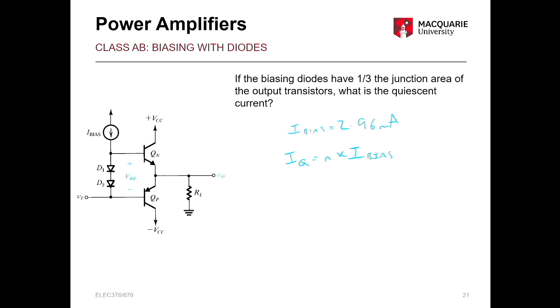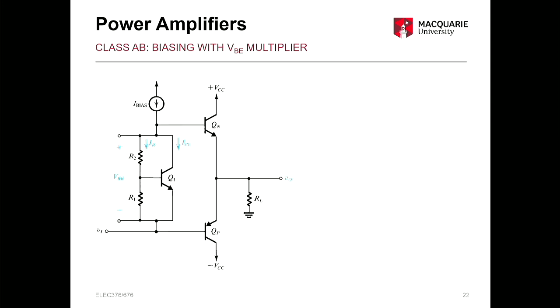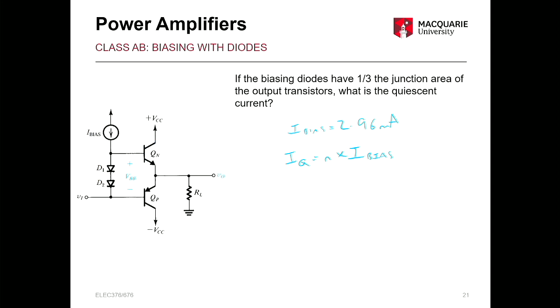And if our diodes are 1/3 the junction area, then N is 3. N is how much bigger the BJTs are compared to the diodes, so they're 3 times bigger. So that just becomes 8.88 milliamps. So you can work out the quiescent current that way, which of course comes into your power efficiency. So how much power is going to be used in that idle state.